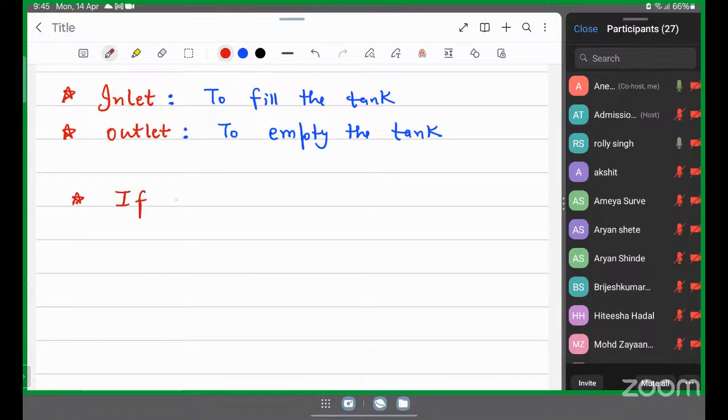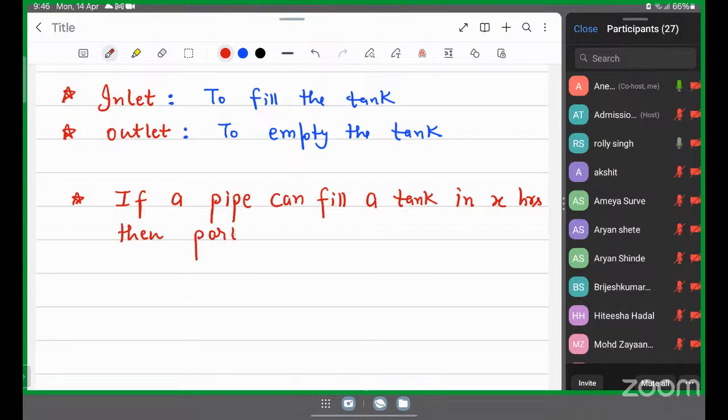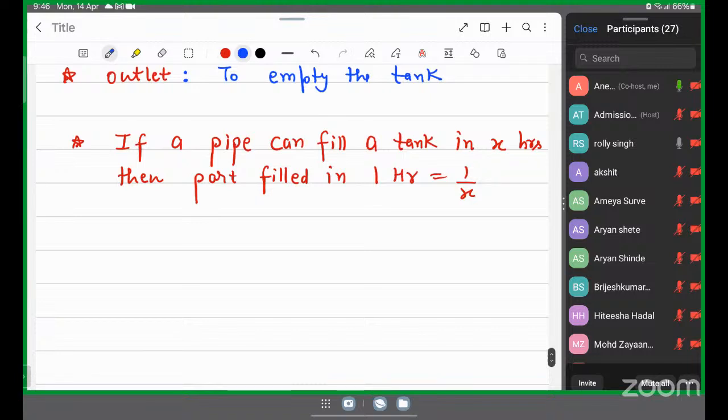The part filled in 1 hour will be 1 by X. It's a simple calculation.